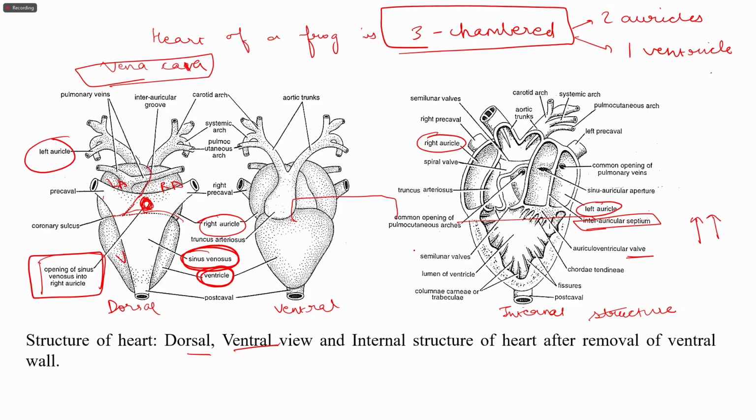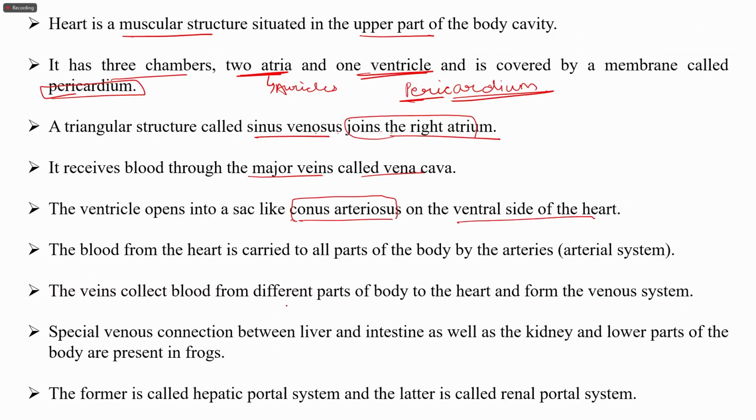The blood from the heart is carried to all parts of the body by the arteries, which form the arterial system. The veins collect blood from different parts of the body to the heart, forming the venous system. Special venous connections are present between the liver and the intestine, as well as the kidney and lower parts of the body. We know the hepatic portal system is from the liver and intestine.